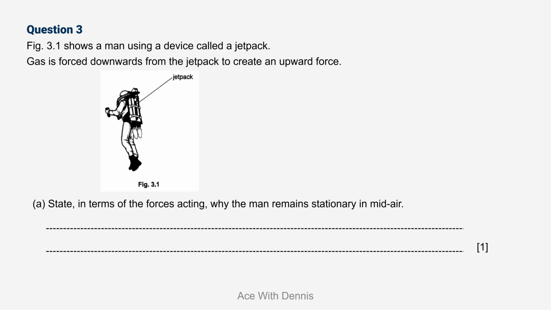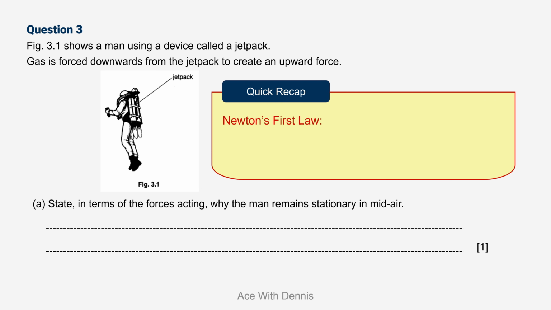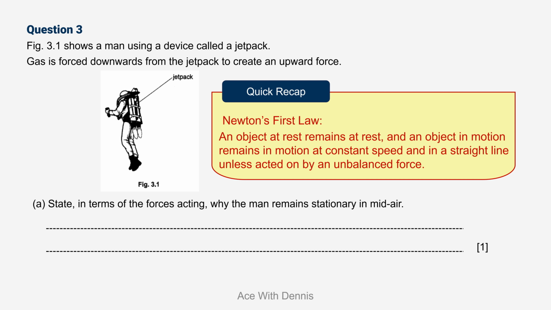Since we see the keyword stationary, we can relate it to Newton's first law, which states that an object at rest remains at rest, and an object in motion remains in motion at constant speed and in a straight line, unless acted on by an unbalanced force.